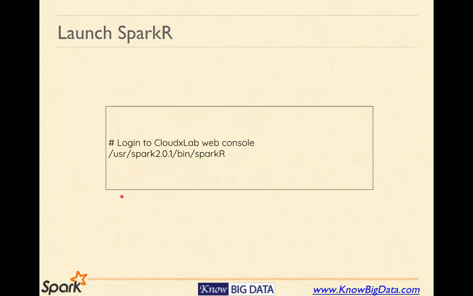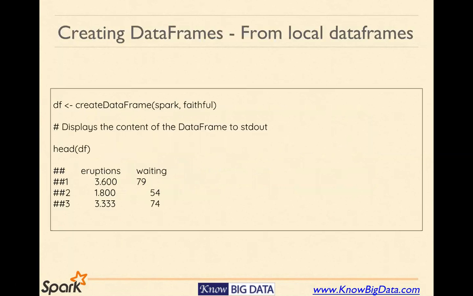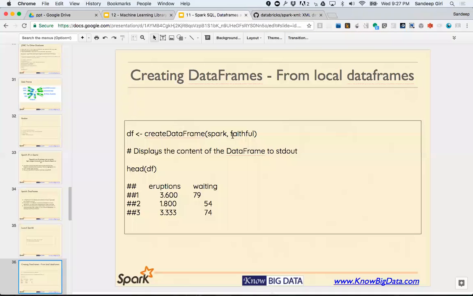So we have logged into SparkR. There are already some data sets in R with names like faithful and so on. We can use the same data frame by using the Spark argument in it.